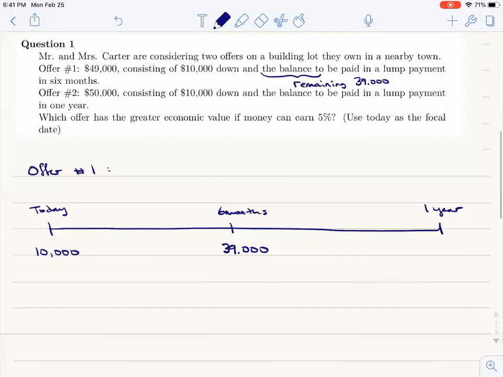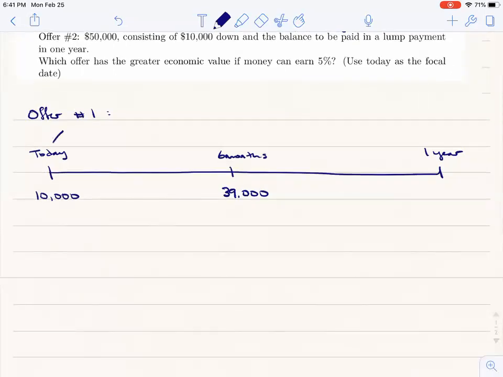We're using today as the focal date, meaning any payments from out here, we're going to draw them back to today, to see what 39,000 6 months from now is worth today.